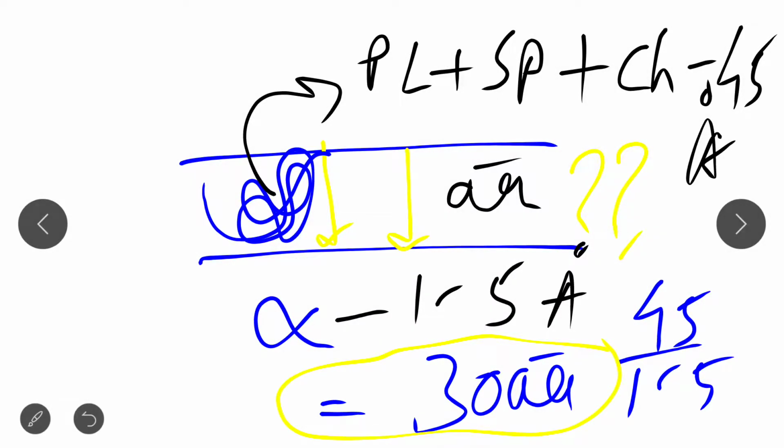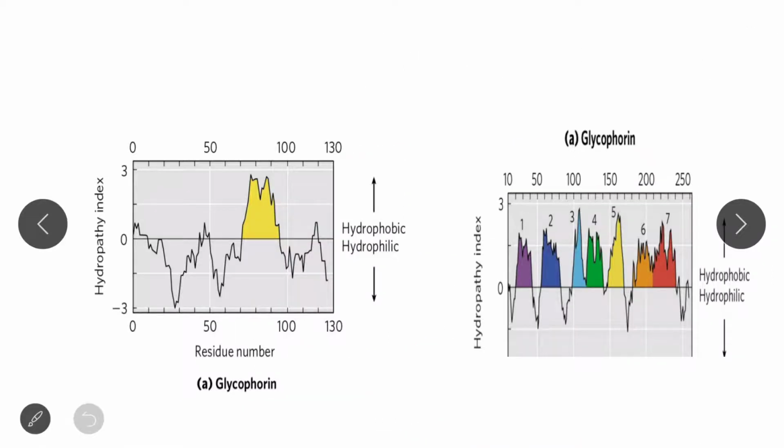So with the help of this, we can now easily calculate the hydropathy index. Now look at this figure. This is 10, 20, 30, 40, 50, then 60, 70, 80, 90, and this is 100, 20, 30. Clear?